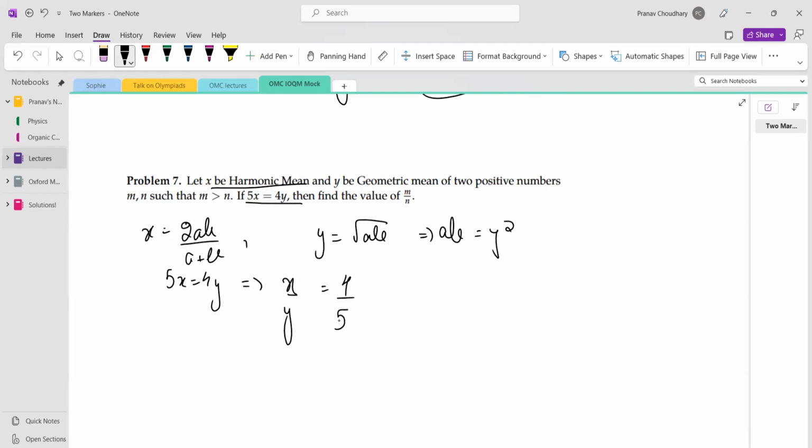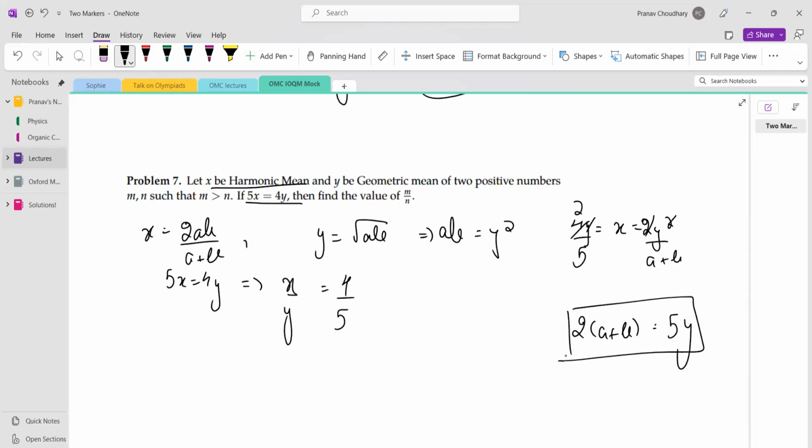Okay, why are we changing our approach? What I wrote earlier was x equals 2y square upon a plus b, and then x equals 4y by 5. If I cancel out y, I'll get the equation twice of a plus b equals 5y. I want to find a by b.